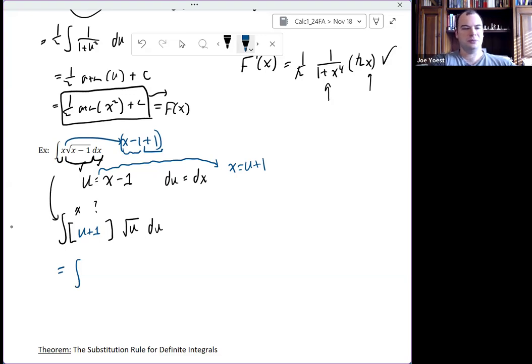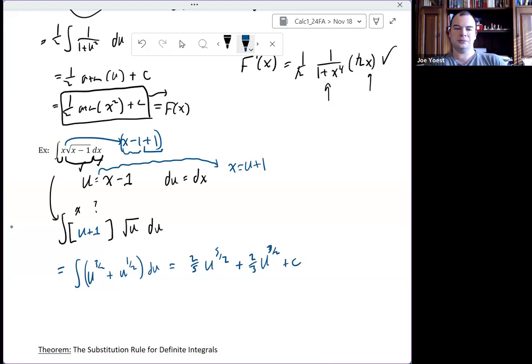Well, this is the integral of u plus 1 times u to the 1/2. That's u to the 3/2 plus u to the 1/2. Integrating that du, this is u to the 5/2 divided by 5/2, or times 2/5, plus u to the 3/2 divided by 3/2, or times 2/3, plus c.